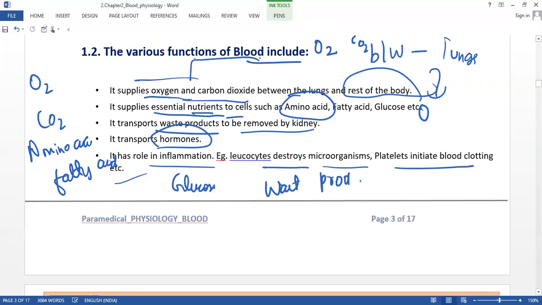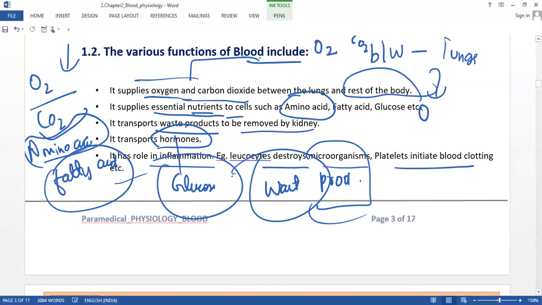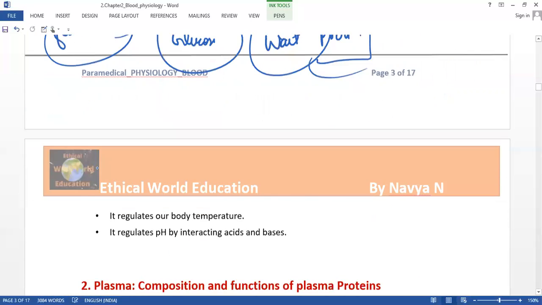So the functions: it supplies oxygen, carbon dioxide and essential nutrients, that is amino acids, fatty acids and glucose, carries waste products to be removed by the kidney, carries hormones, and has a role in inflammation. These are the functions of the blood.